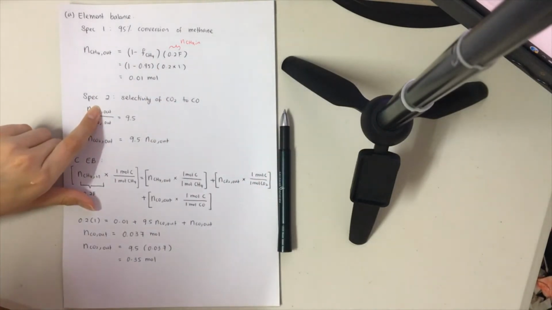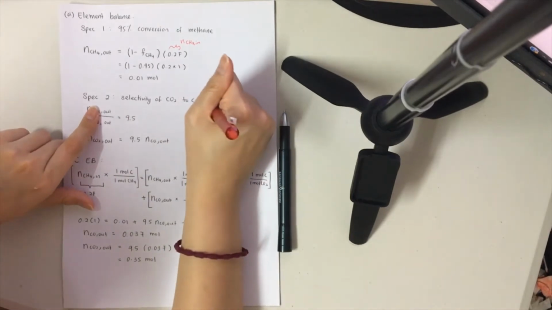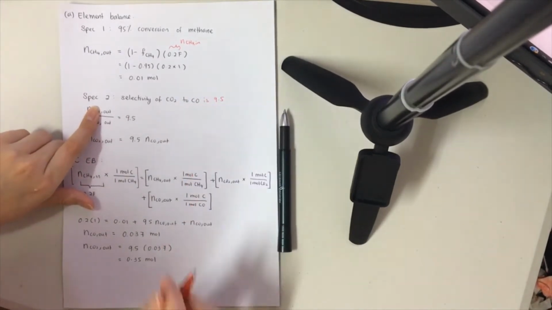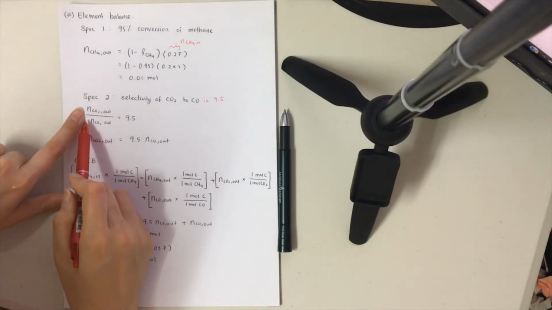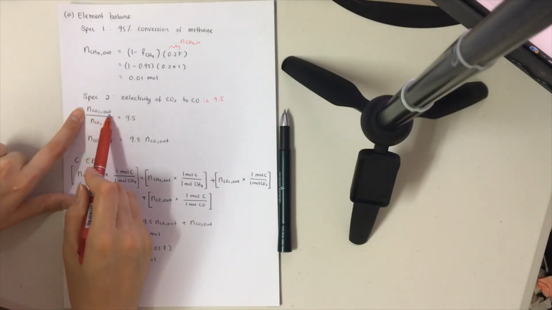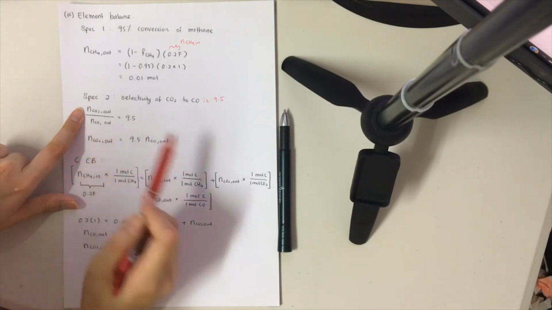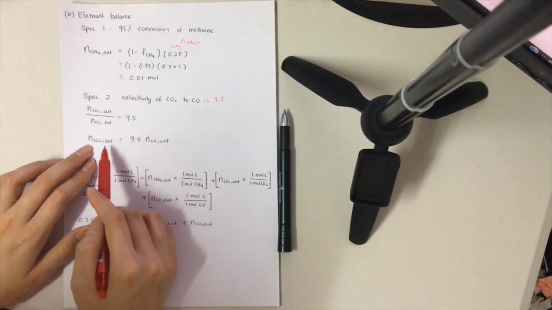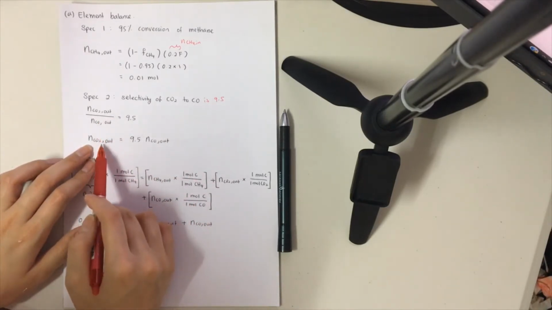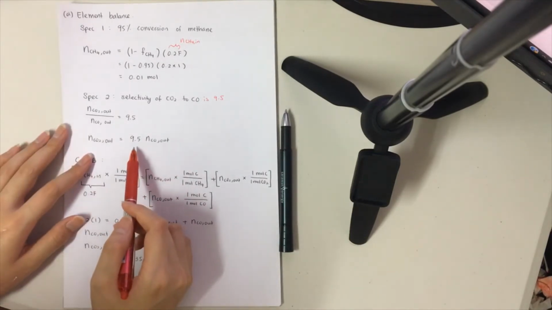Specification number 2 says that the selectivity of CO2 to CO is 9.5. That means that the fraction here, number of moles of CO2 out over the number of moles of CO coming out, is 9.5. And we can easily calculate the number of CO2 coming out with this, bringing this over.